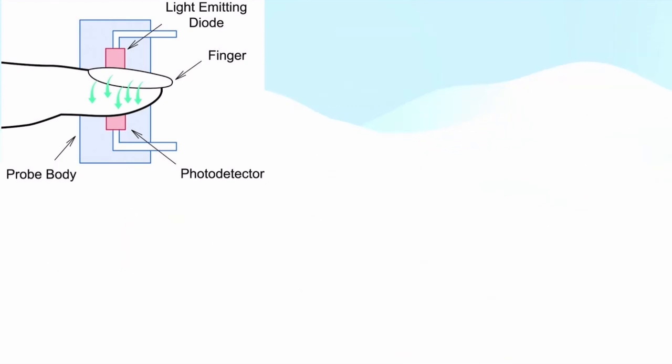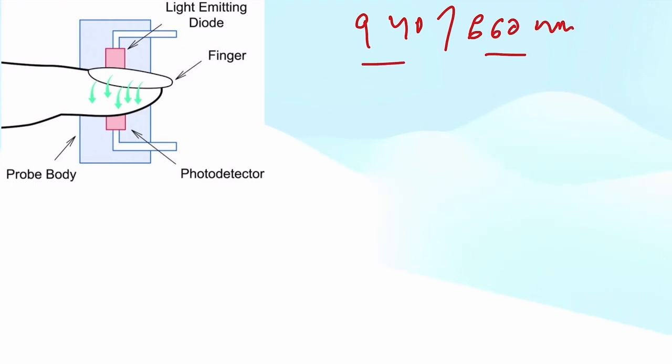So what happens next? By using these two wavelengths, 940 and 660 nanometer, we get different absorption spectra for these two dominant hemoglobin molecules, right?